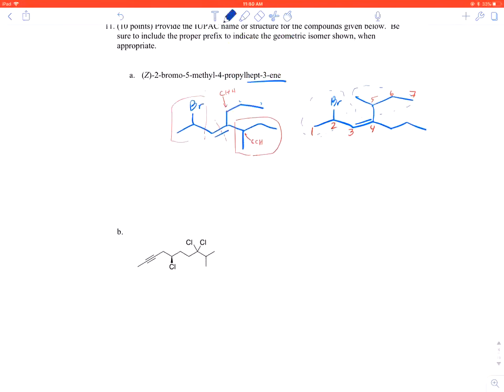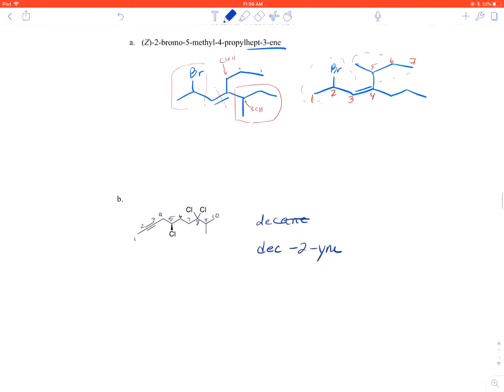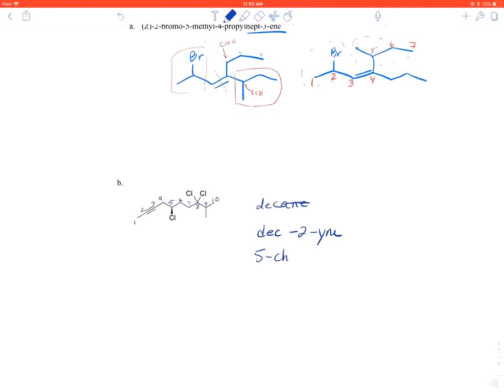And then we have to collect ourselves down here, find the longest continuous chain. Okay, so it's a decane. It's a derivative of decane. It would be a dec-2-yne. And then we have a 5-chloro, 8-chloro, 8-chloro, 9-methyl.